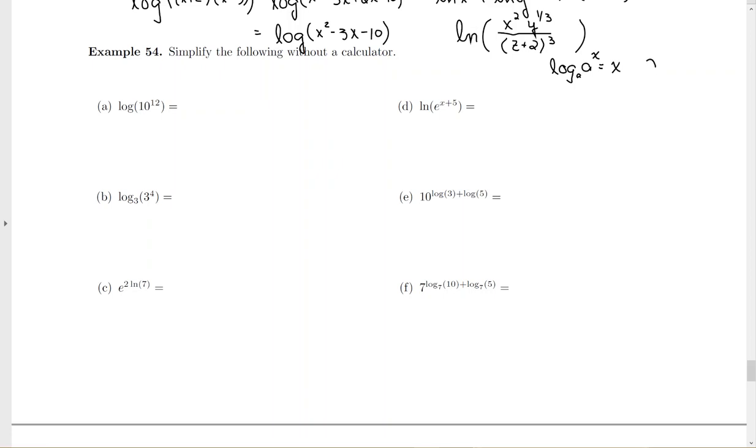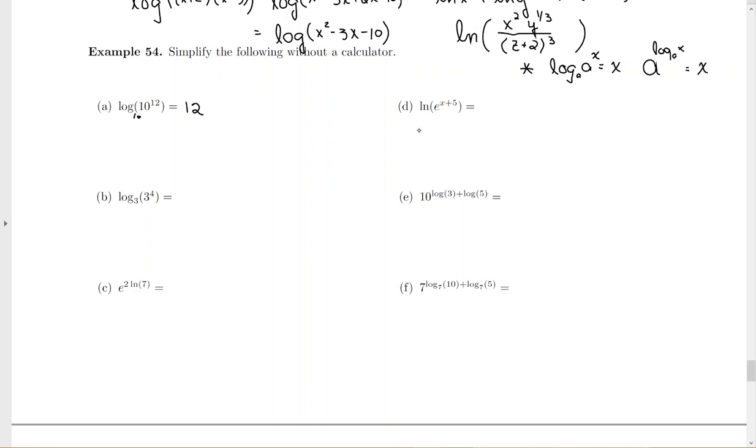And then the other one was a raised to the log base a of x was also just x. So for letter A here, without using your calculator, this is really log base 10 of 10 to the 12. The answer is 12 by using this property right here. Log base 10 of 10 to the whatever equals whatever.